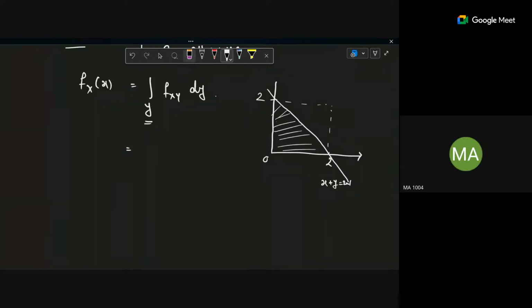Okay, so whenever you want the limits of y, you can draw a vertical strip along the x-axis, with x lying between 0 to 2. So the limits will be y equal to 0 to y equal to what? From the equation x plus y equal to 2, the upper limit for y is 2 minus x.